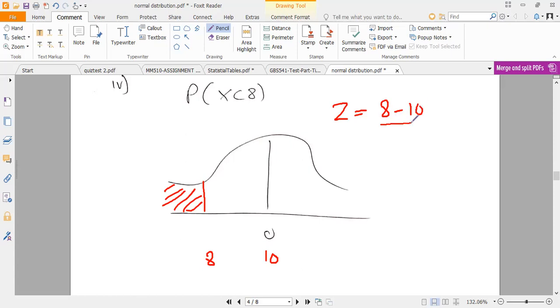What are we getting? Negative what? That is negative 0.67. Why is it negative? Because all values on the left side of 0 are always negative.